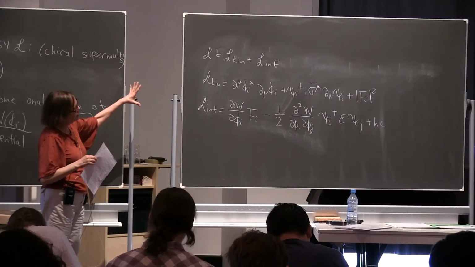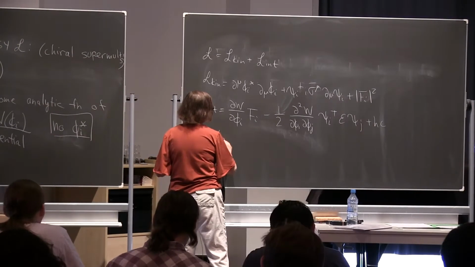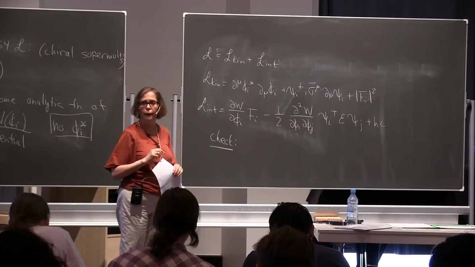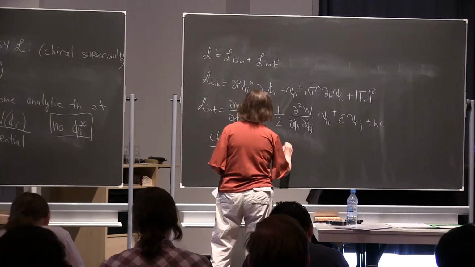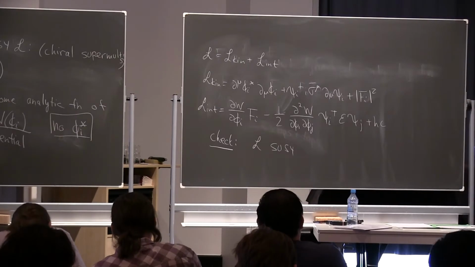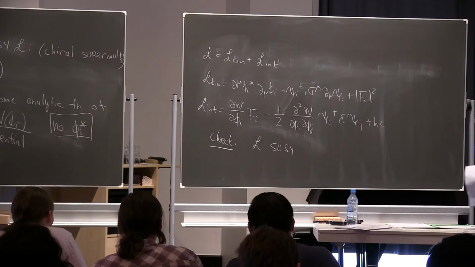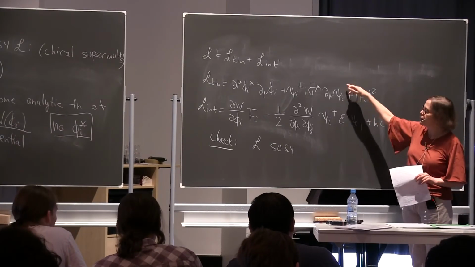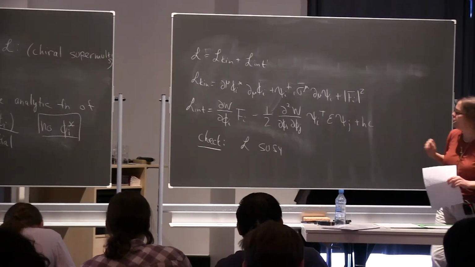So if we write this Lagrangian, we can check, and that's another exercise that I want you guys to do, that this L is supersymmetric. And actually the only thing that you need to check here is the interacting part, because this guy is obviously supersymmetric, just like we saw before.